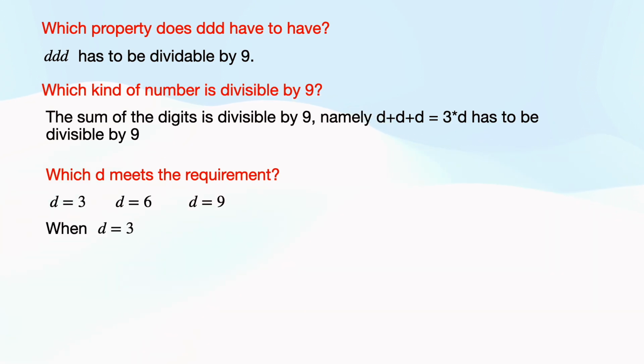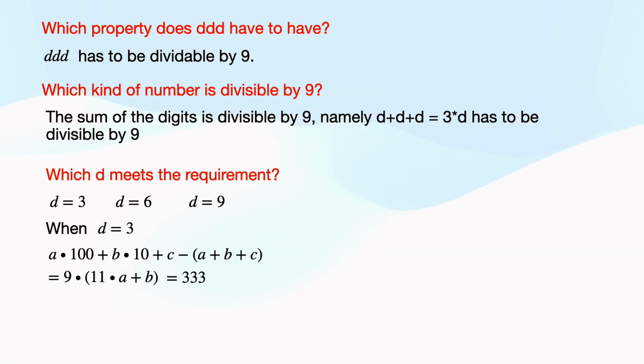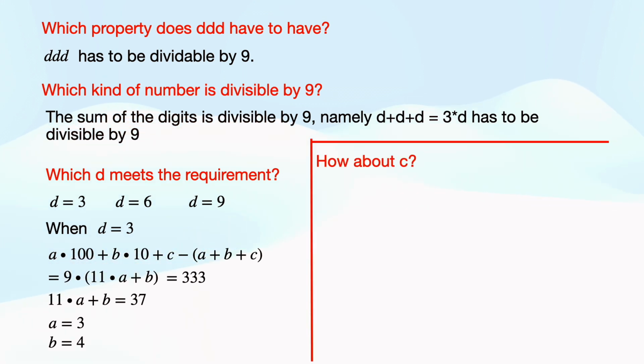When d is equal to 3, 9 times (11a plus b) should be equal to 333. If we solve it, we get 11a plus b must be equal to 37. Then a has to be 3 and b has to be 4. We already have a and b, so let's look at c.